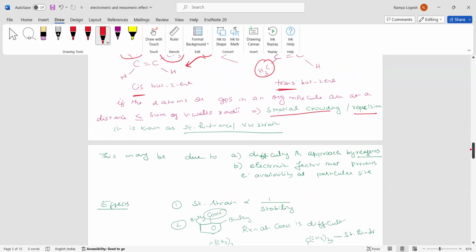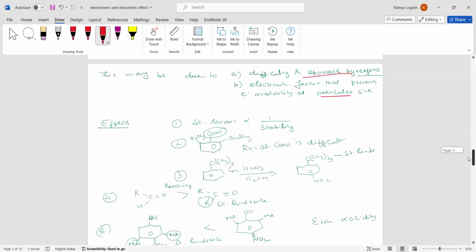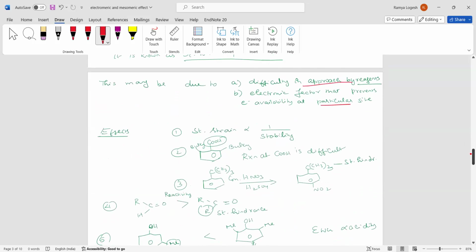What are the things that may lead to this? Difficulty in approach by the reagent. If a reagent is coming to approach it, it's very difficult. Also, an electronic factor that prevents electron availability at a particular site. If a large electronic cloud is there at a particular site, that will also be affected by these bulky substituents. So the more the steric strain, the less stable.